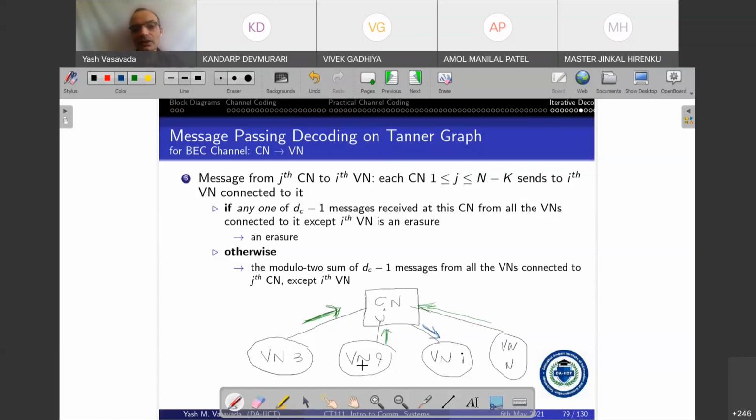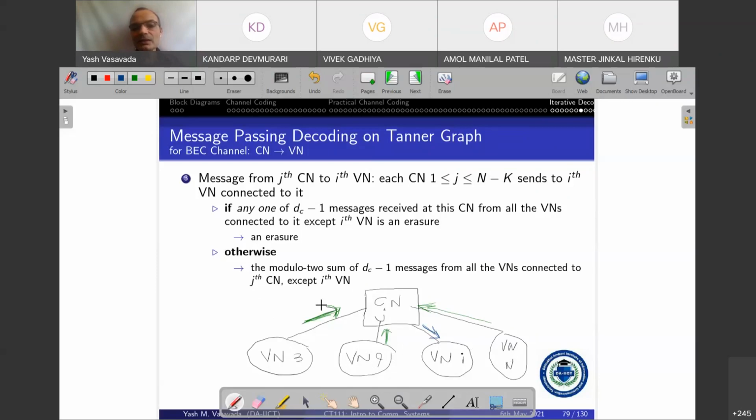Now, when none of this 3, 9, and N are erased, right? So I'm first looking at this otherwise part, okay? So none of these DC minus 1 nodes are erased.